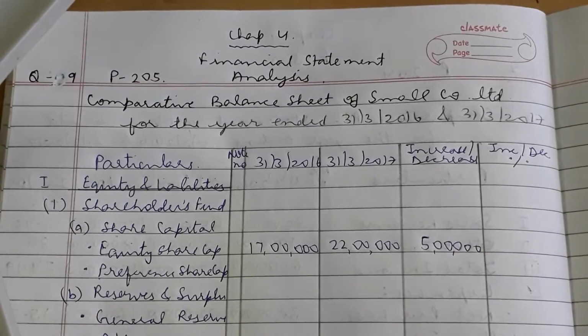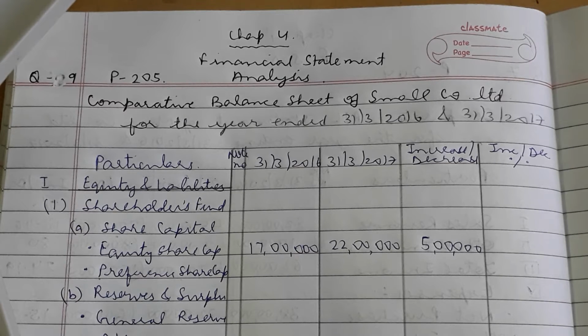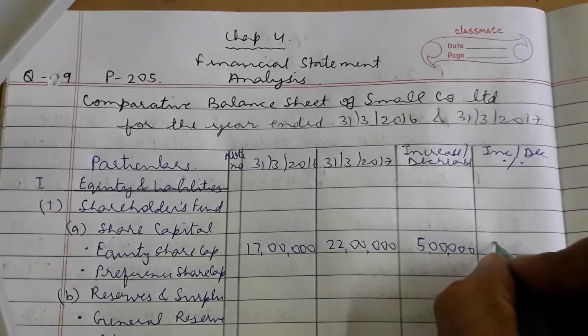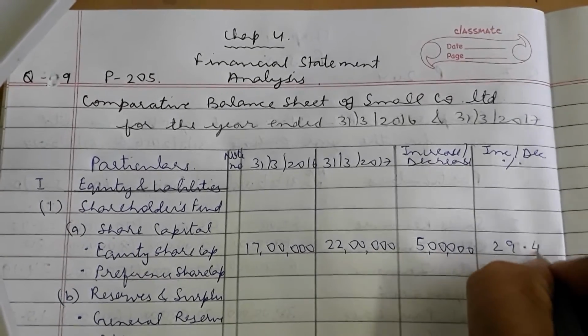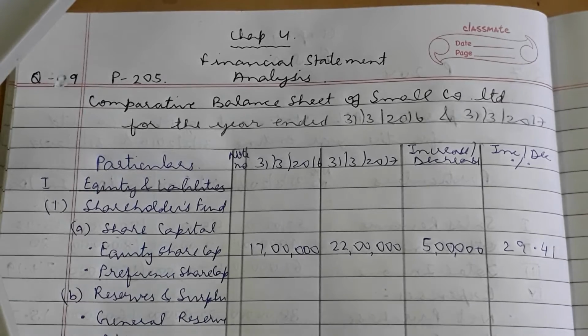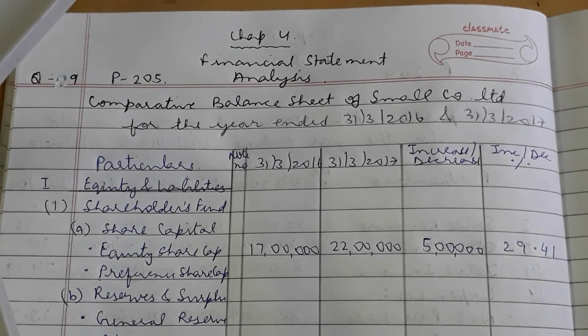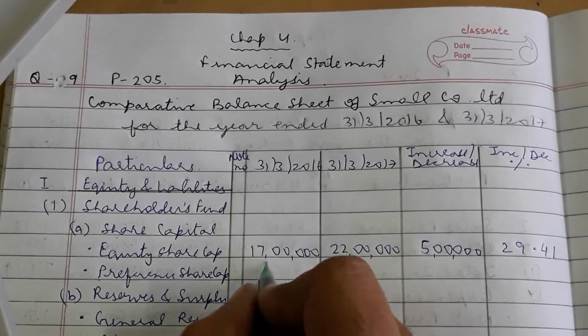We'll write 5 lakh in the increase or decrease column. Percentage increase or decrease: 5 lakh divided by 17 lakh into 100. That comes to 29.41%.